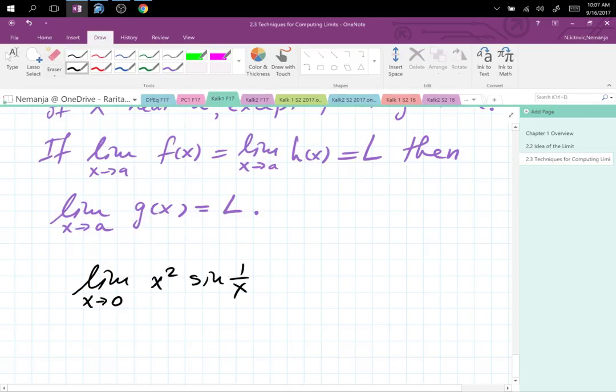But then there is this very important piece from your trig class, which is the fact that the range of sine and cosine functions is 1, which you can write as the absolute value of sine of x is less than or equal to 1. This is also for cosine, the same thing.